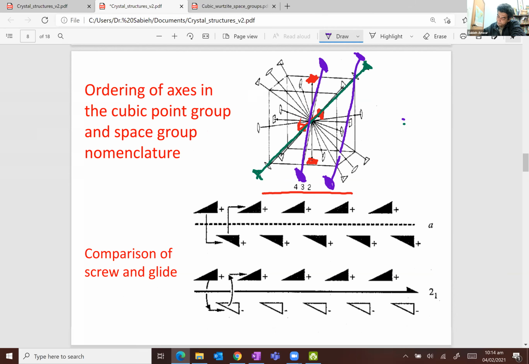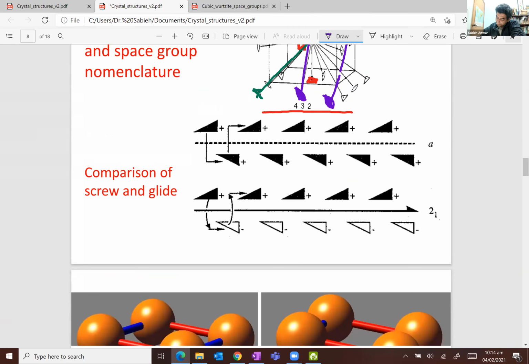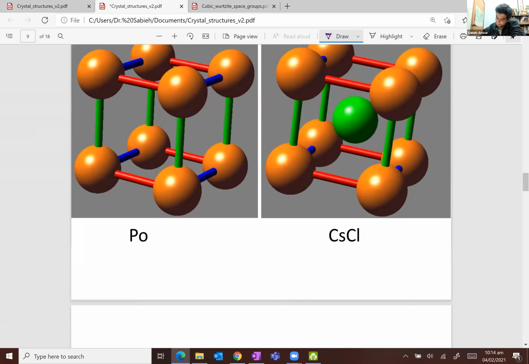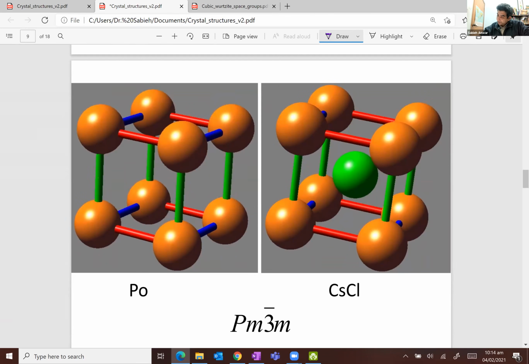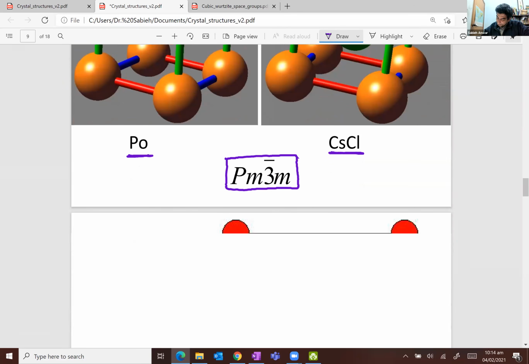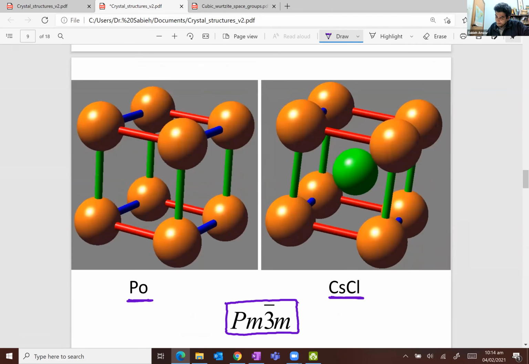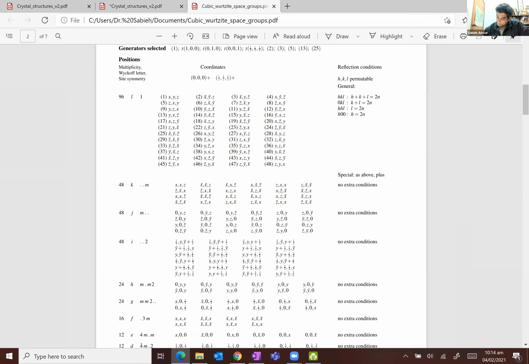So here is a comparison of the screw and the glide planes. So let's now talk about our structures. The polonium and the cesium chloride examples that I've brought up. Let's look at the space group table for PM 3 bar M. And for that, I need to go here probably.